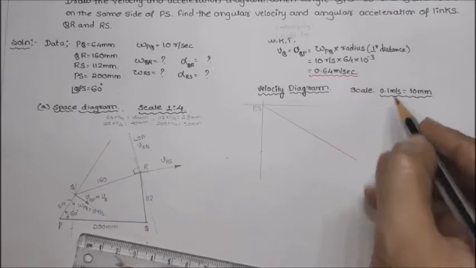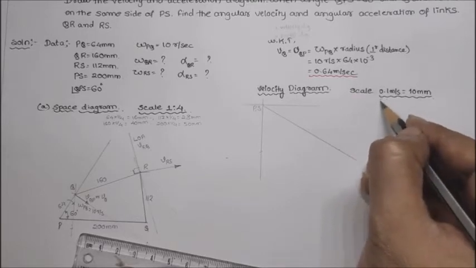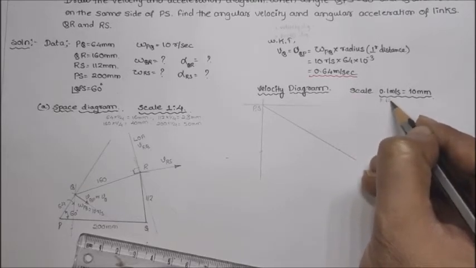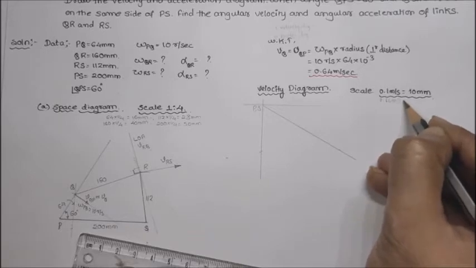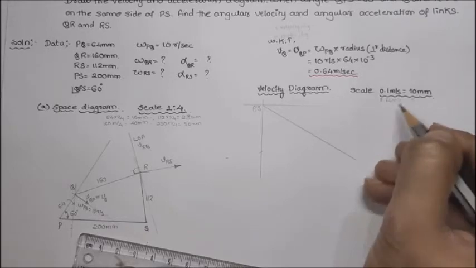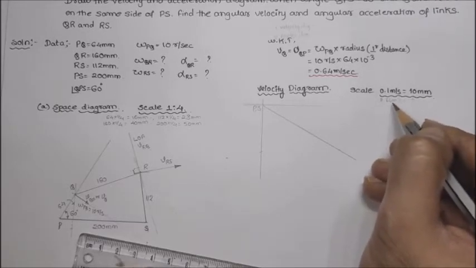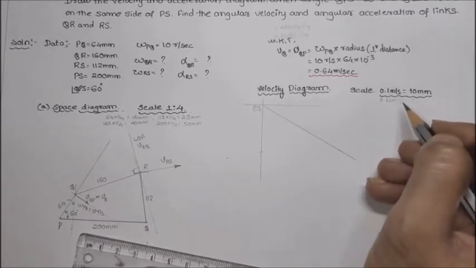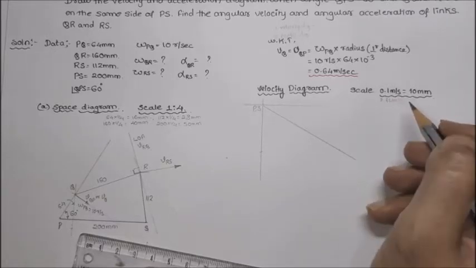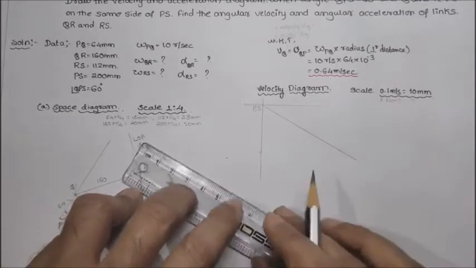So the scale for this one will be 0.64 meter per second equal to how much? Multiplying 0.64 into 10, dividing it by 0.1, it will be 64 mm.